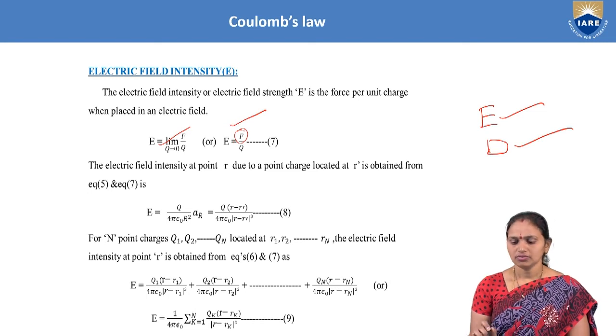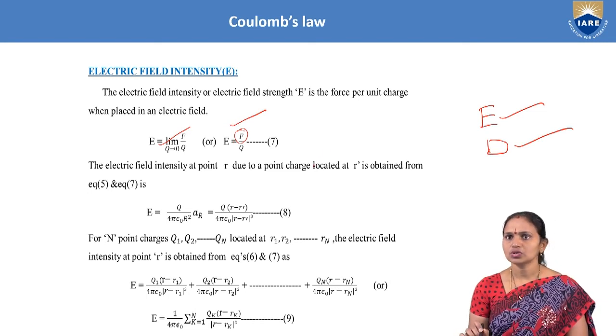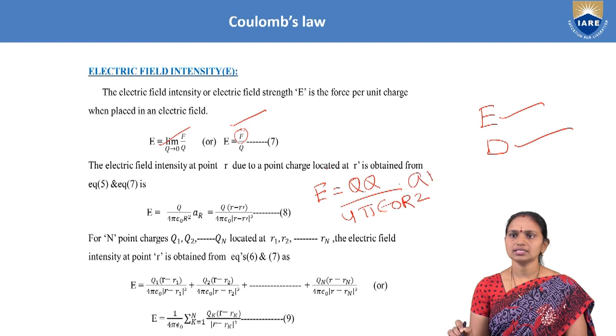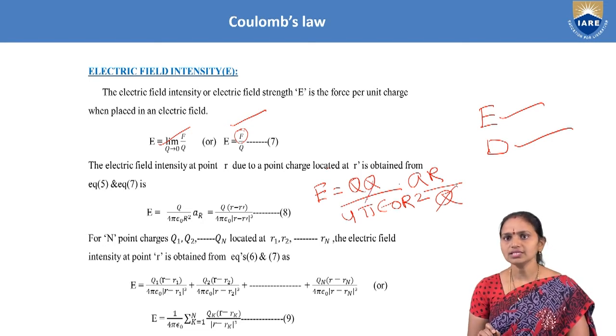Here, we will take both Q1 and Q2 as Q itself, then E equal to Q into Q, QQ by 4 pi epsilon naught R square into AR. This is the meaning of F, divided by, now you have a Q here. So this Q and one Q get cancelled. And this field intensity value is Q by 4 pi epsilon naught R square into AR.